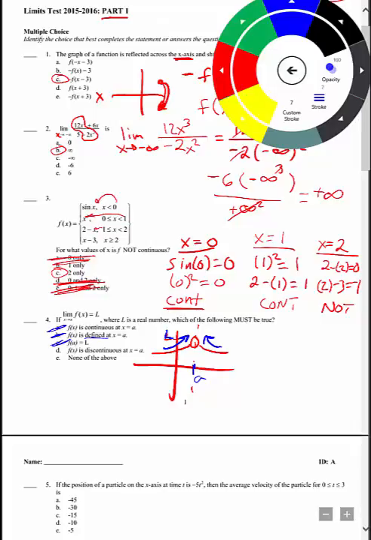So it doesn't have to equal L. And then f of x is discontinuous? Well, it doesn't have to be discontinuous. You could have a function that's just continuous, and at a the limit is equal to L. We're just trying to disprove these because it says which must be true. So actually none of those has to be true. Each of them could be true, but they don't have to be true.